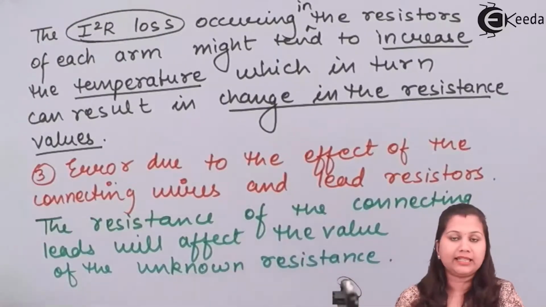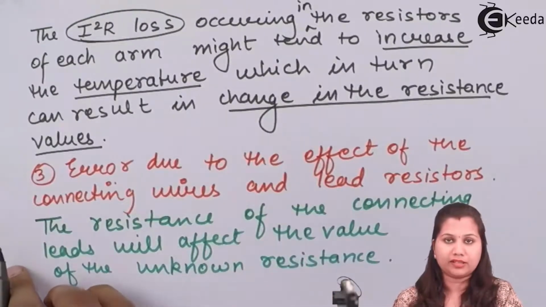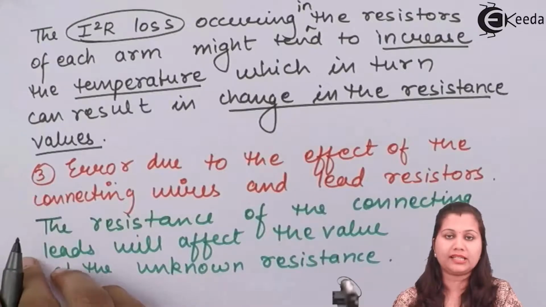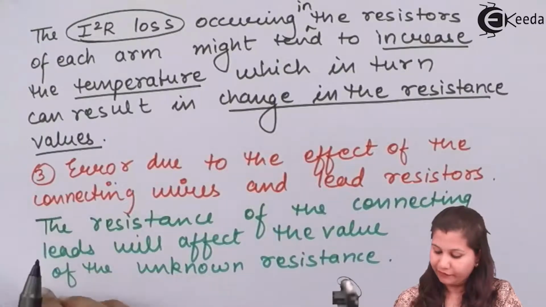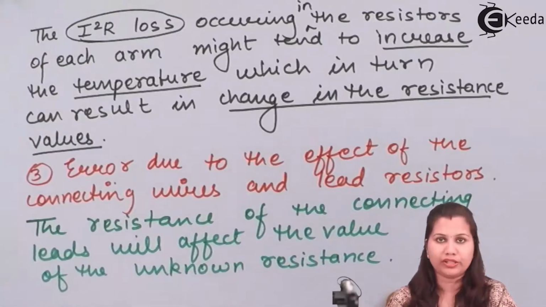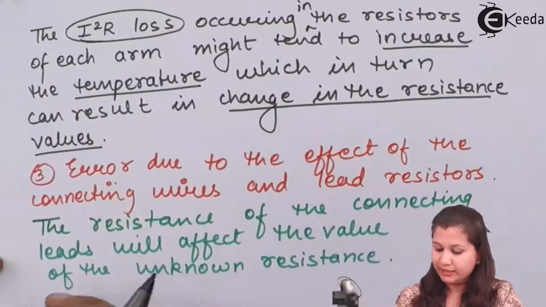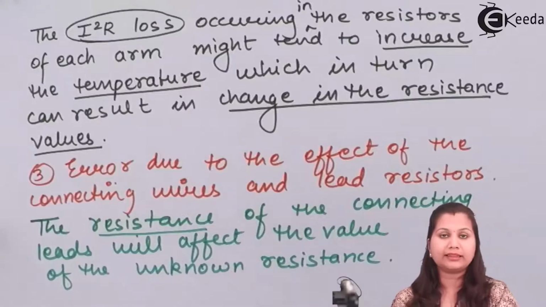These connecting leads will affect the value of the unknown resistance, because they have some resistance and that resistance will be added to the value of the unknown resistance.